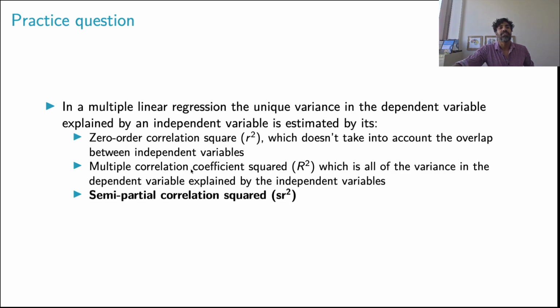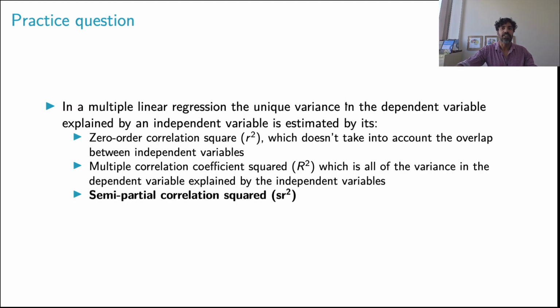Keeping in mind, the zero order correlation squared doesn't take into account the overlap between independent variables. It's just the variable and the dependent variable. The R squared, multiple correlation coefficient squared, or the coefficient of determination, is all of the variance in the dependent variable explained by the independent variables. So it's the shared variance between them all.